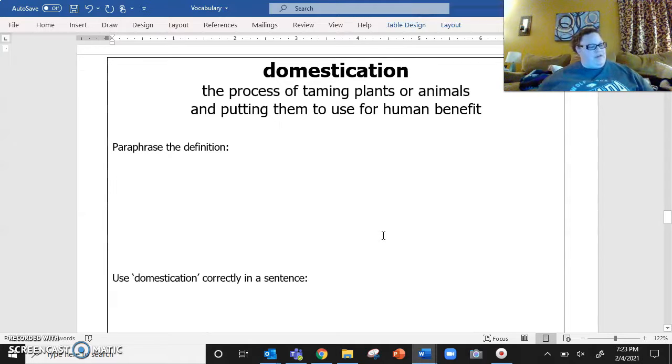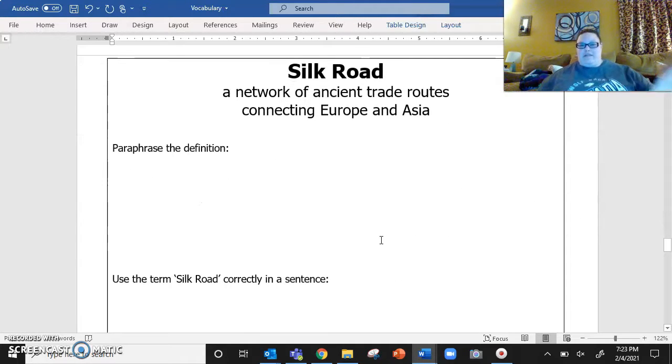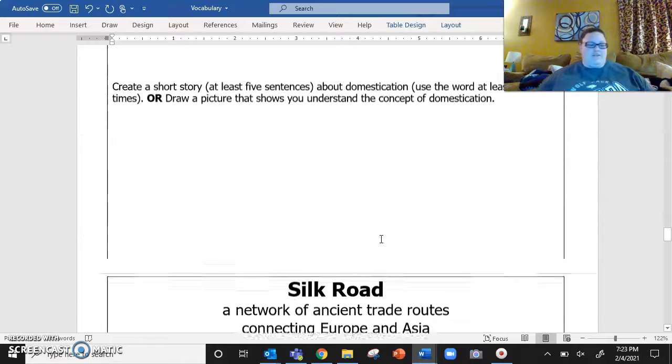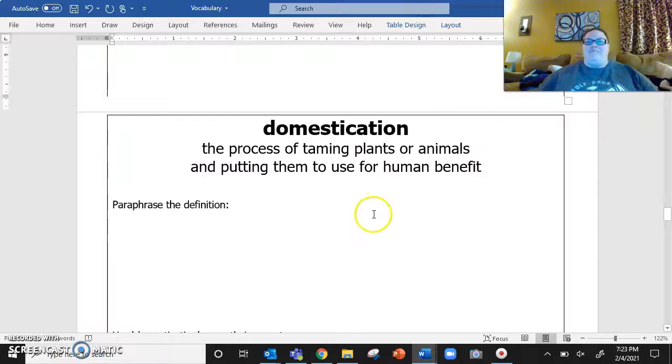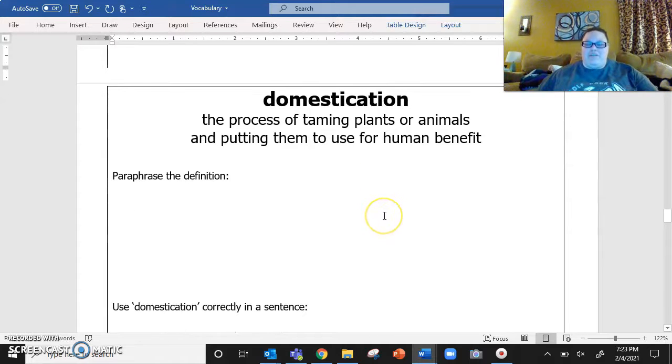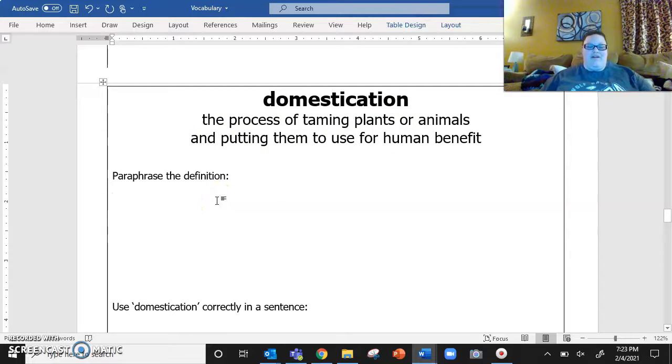I know that there's two on here, but we're going to skip the Silk Road, spoiler alert, and we're going to end with domestication. Domestication. Try that one more time. Domestication. Not bad. Domestication is the process of taming plants or animals and putting them to use for human benefit.